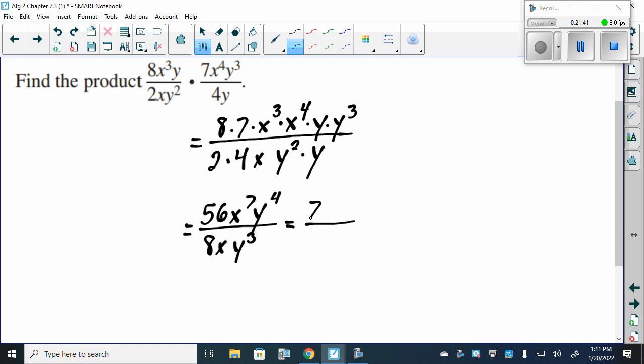Now, x to the 7th divided by x, whenever we divide like bases, we subtract the exponents. Well, we'd have 7 minus 1, which is 6. So we would have x to the 6. And lastly, y to the 4th divided by y to the 3rd would leave us with 1y.